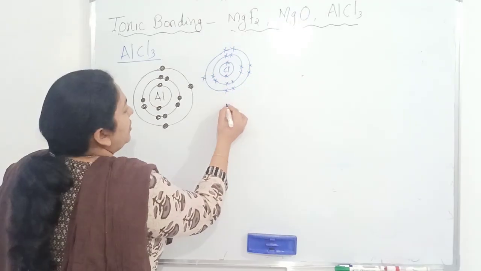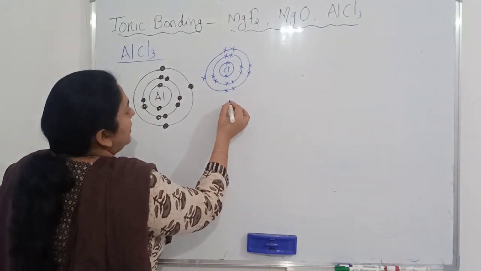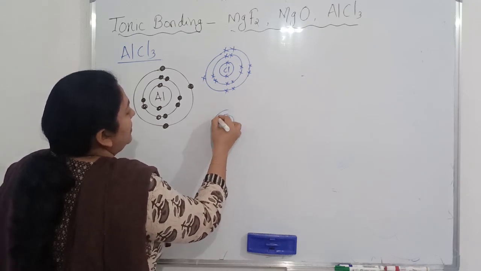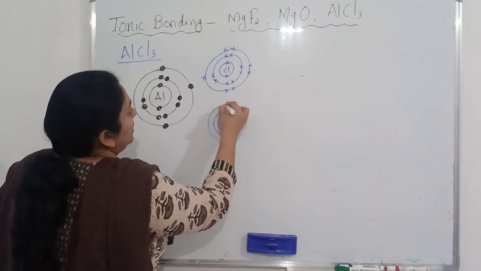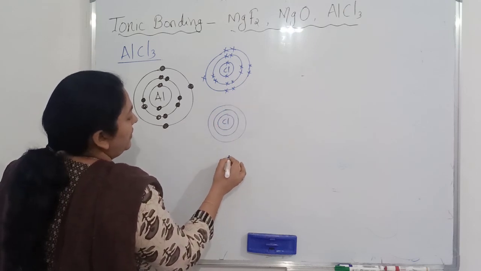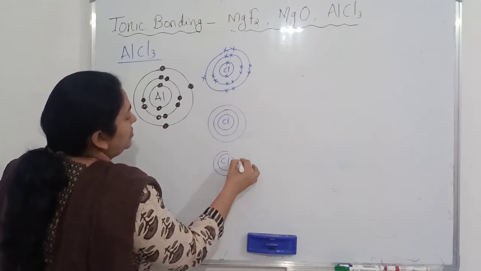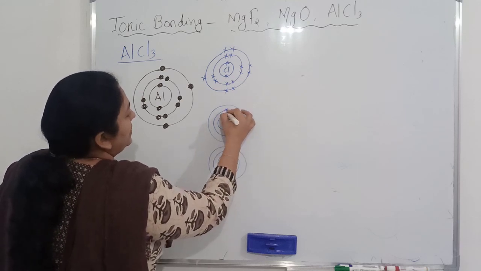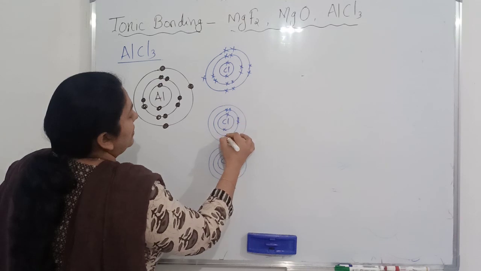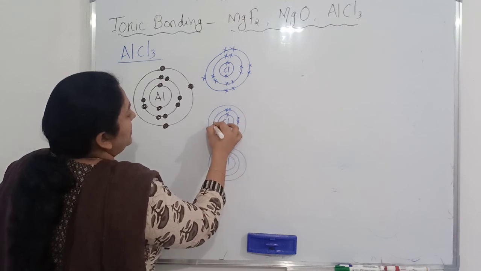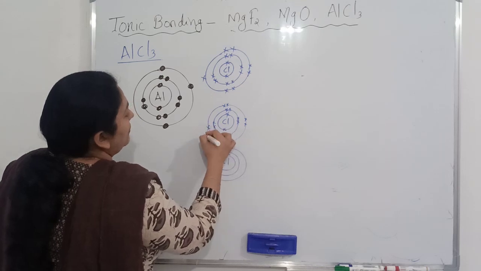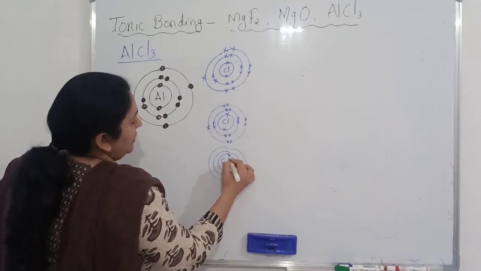So one more chlorine down. 1, 2 and 3. One more chlorine. 1, 2 and 3. Put cross. 8 and here 1, 2, 3, 4, 5, 6. 1 unpaired.